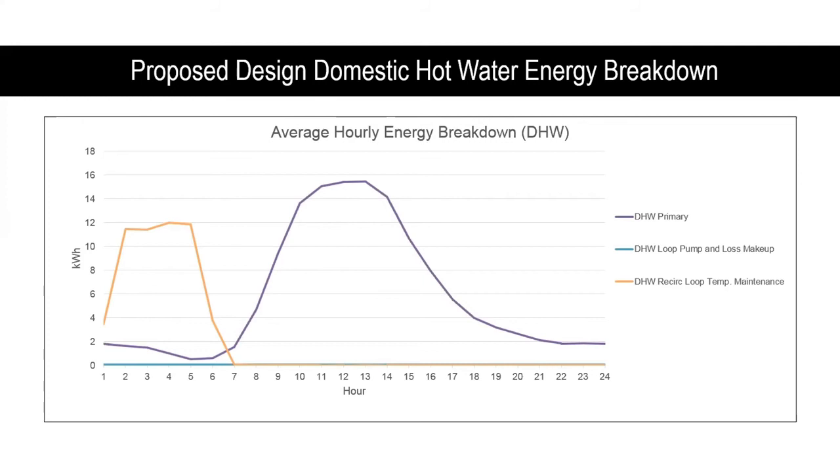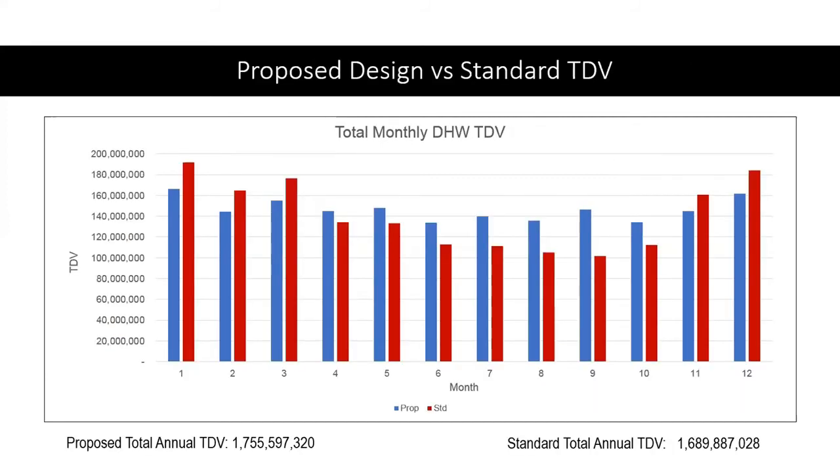So furthermore, we know that this is one driver that's causing the domestic hot water to use more energy. But we also wanted to look at TDV. First of all, TDV is a code compliance metric.